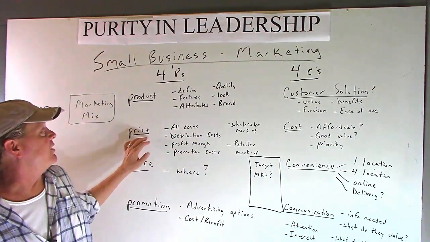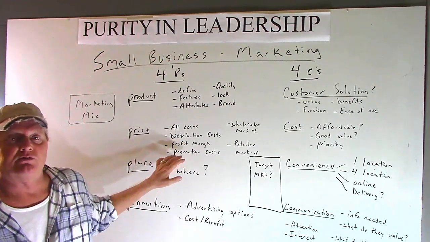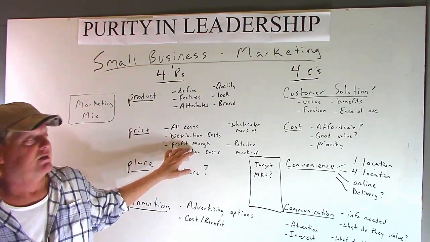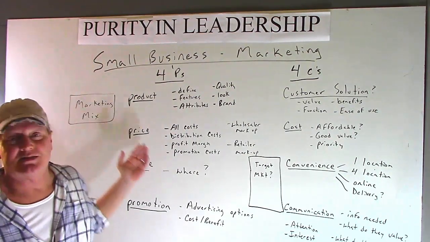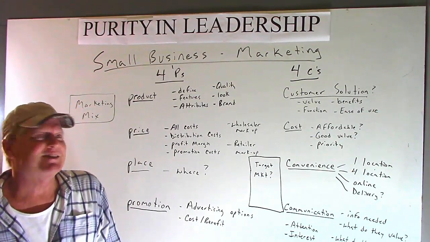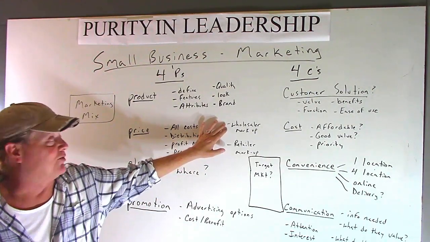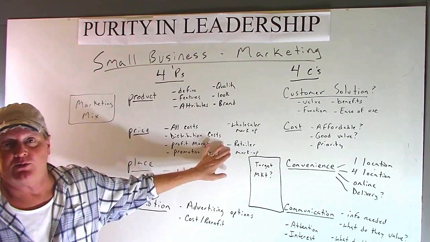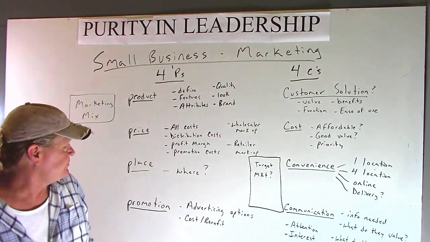So if all of our costs are $1 and we want a profit margin of, say, 50 cents, then a lot of people think that our price is $1.50, and that's not the case. The wholesaler is going to want a quarter, and the retailer is probably going to want 30, 40, 50 cents. So we have to factor all that in.